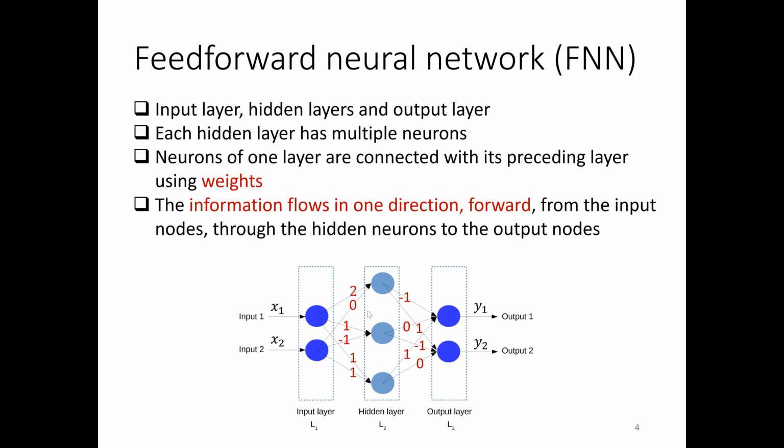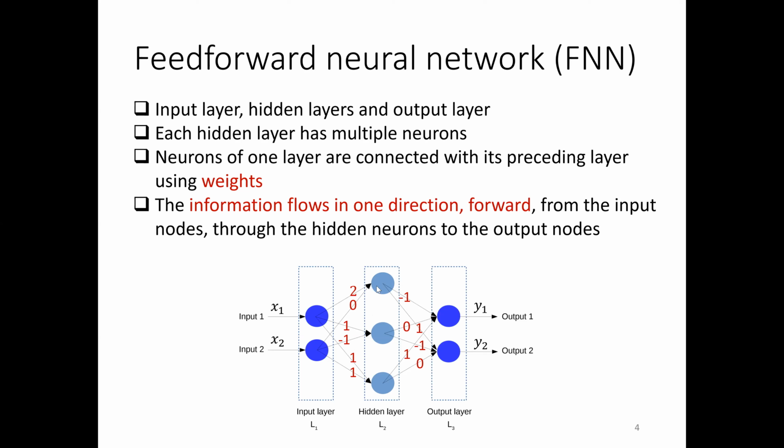What does that mean? So that means, okay, if you have the values x1 and x2, right? And then the value of the first neuron in the hidden layer is equal to 2x1 plus 0x2, before you apply the activation function on that neuron.